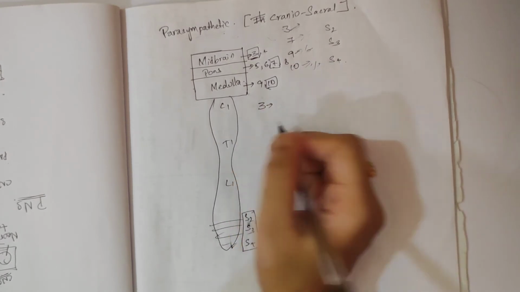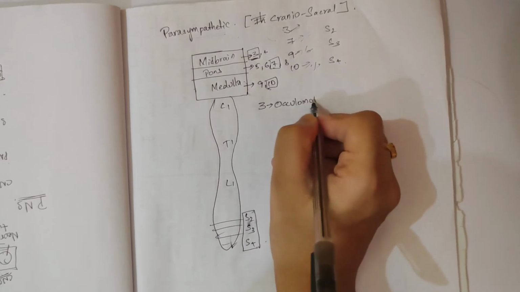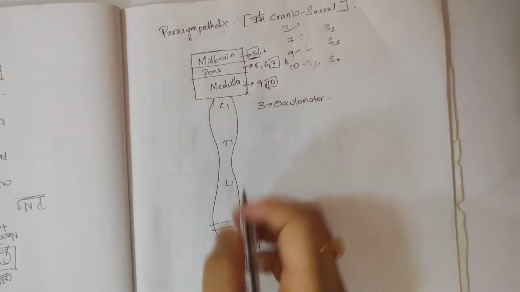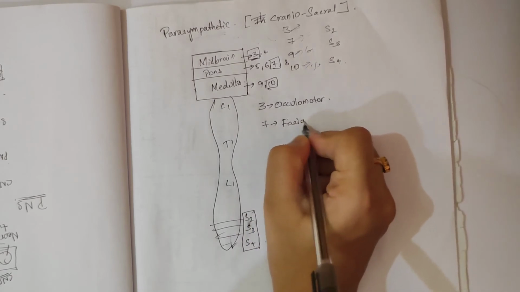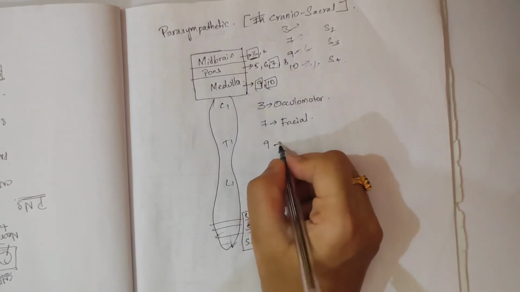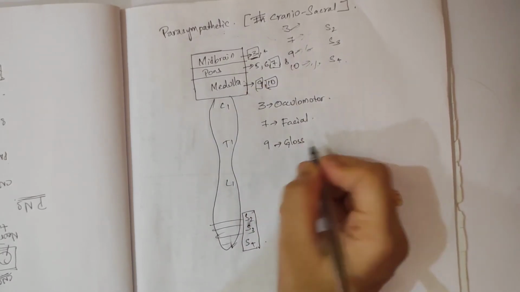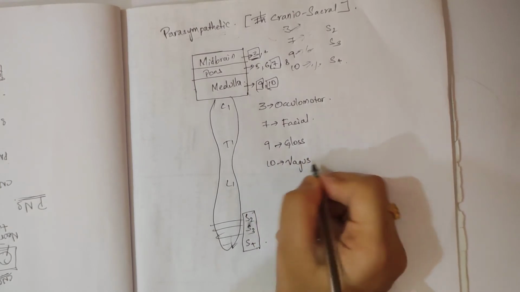So 3 is nothing but oculomotor. I'm writing here again because these are important. And 7 is facial, and 9 glossopharyngeal and 10 vagus.